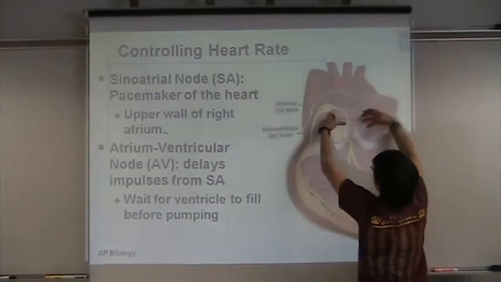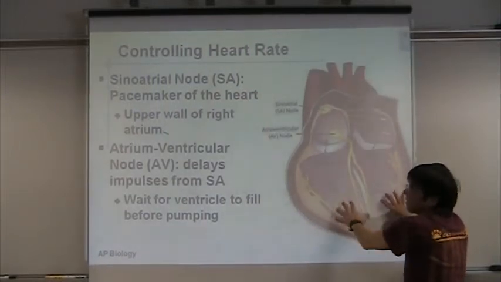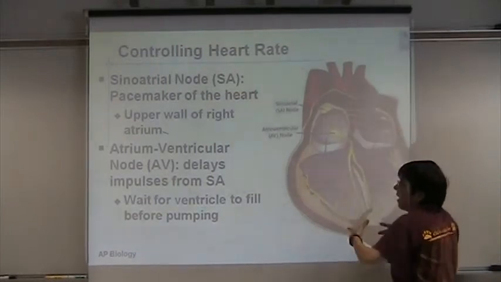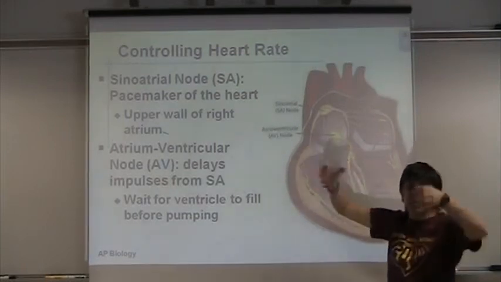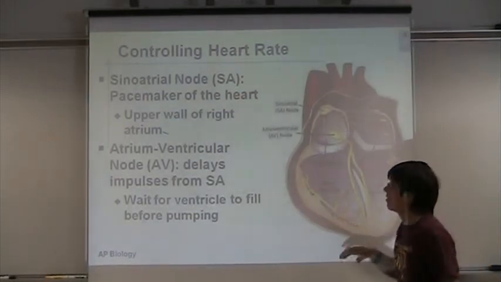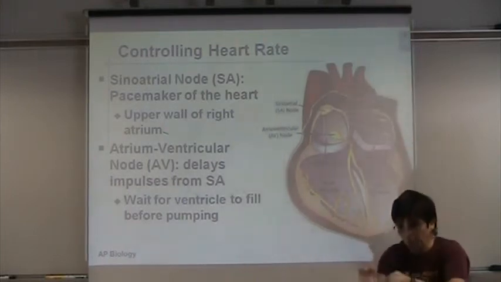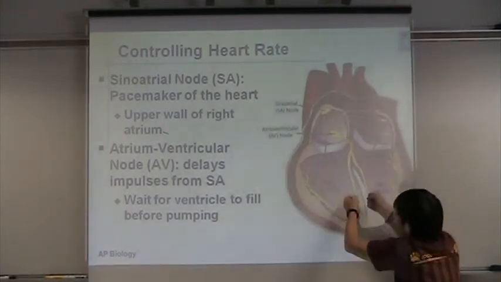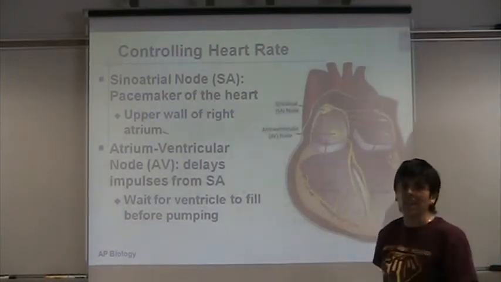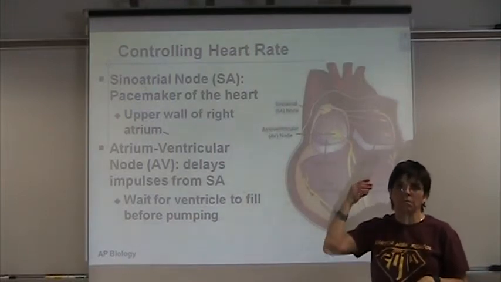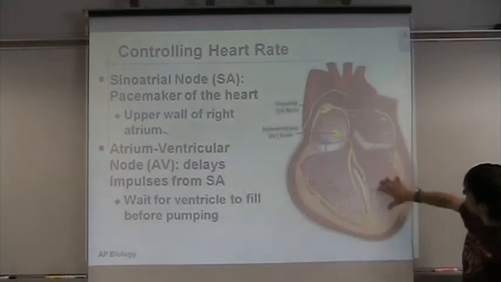So the atria contract, and this delay here allows for the ventricles to fill in with the blood and then squeeze out. Because if not, everything will squeeze together and there will be nothing there. So it's chum chum, chum chum, and this is the one that regulates the delay. That's why the heartbeat is always a two-step kind of thing.